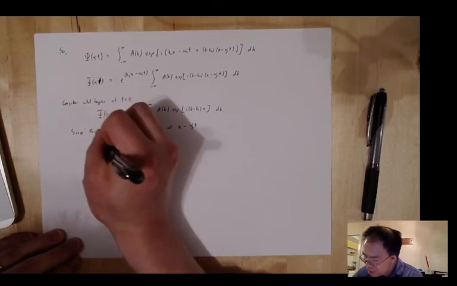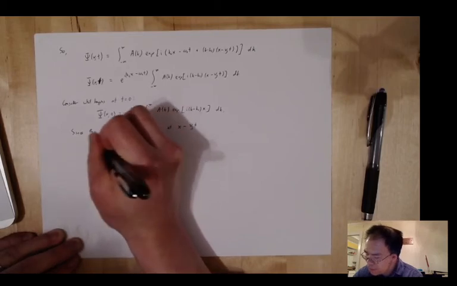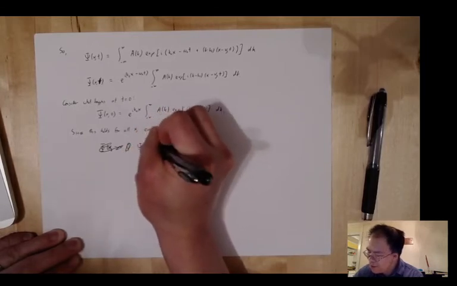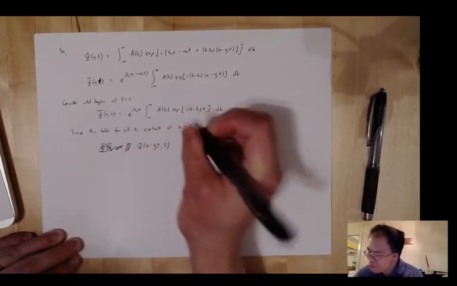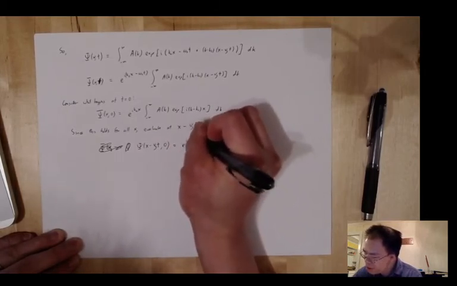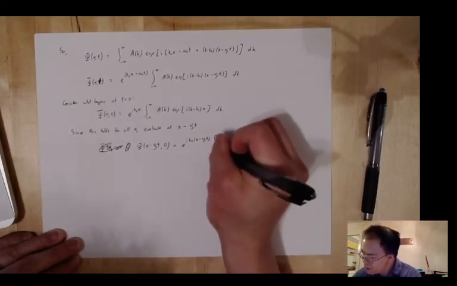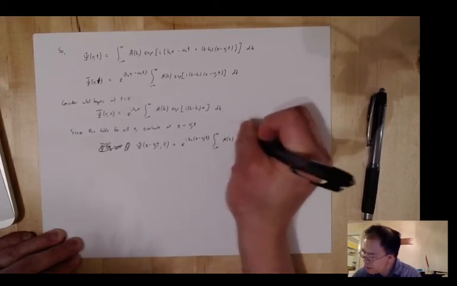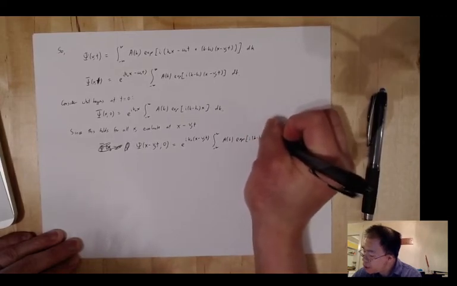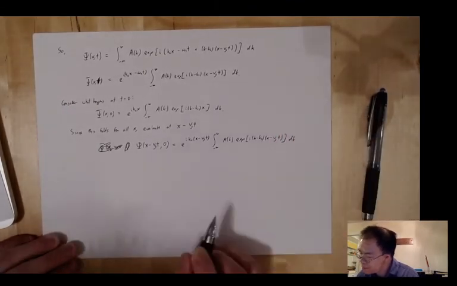So this gives me psi of x minus vg t, 0, equals e to the i k naught times x minus vg t, integral a of k e to the i, k minus k naught, x minus vg t, dk. Okay.